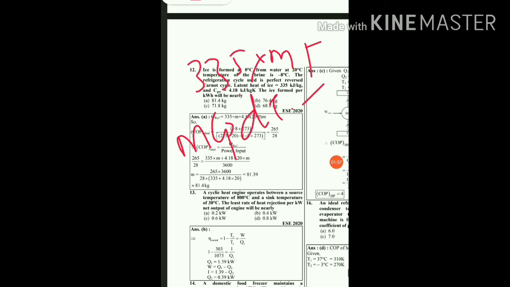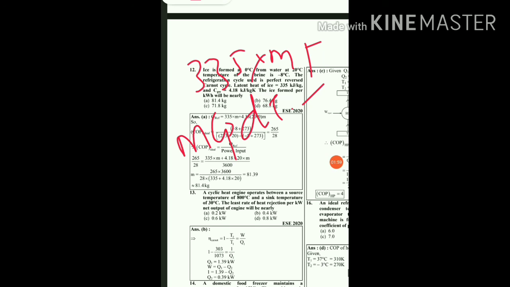To find out the refrigeration effect, first you must know the latent heat of ice, which is 335 into M, that is M into HFG, where M is the mass of ice, plus the sensible heat loss from the water which is at 20 degrees Celsius.